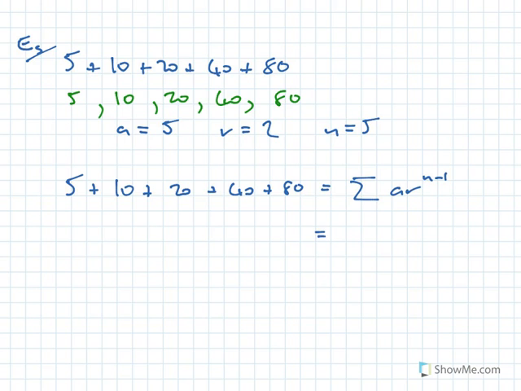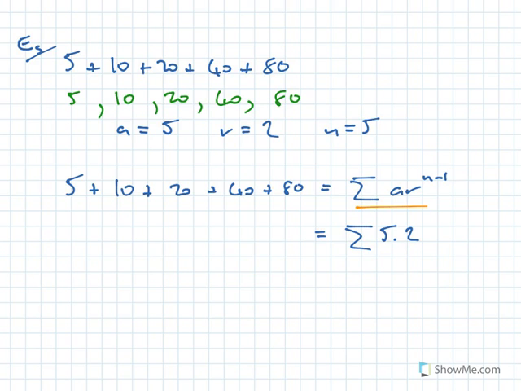So I normally write this out in the first instance just so I can think to myself, what am I looking for? And then on the next line, I can fill in the extra bits that I need to. So we know that a is 5, and we know that r is 2, and we know that n is 5.